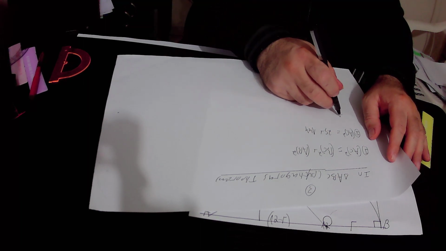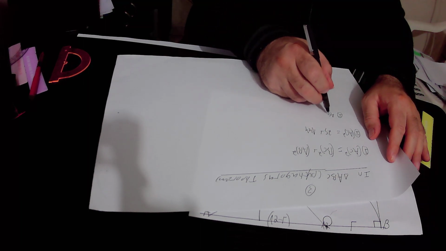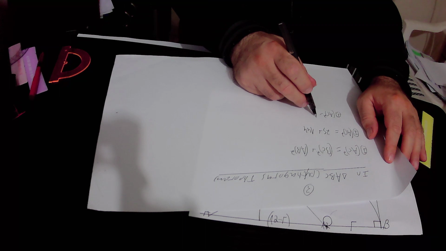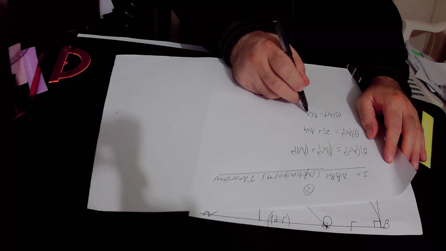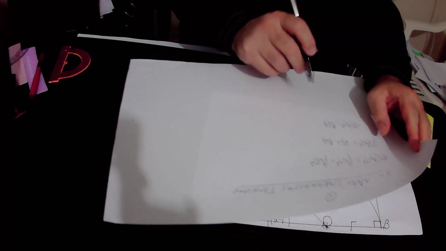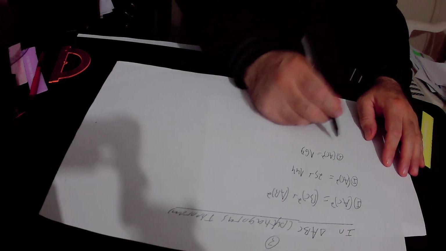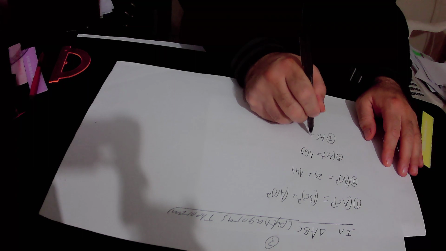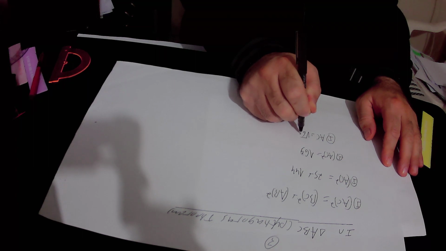So AC square equals 144 plus 25. It is 169. We'll take a root of this equation number 1, and we will get that AC equals the square root of 169.